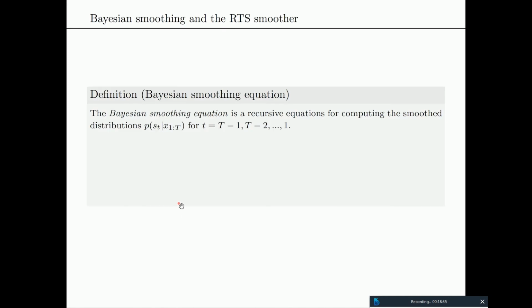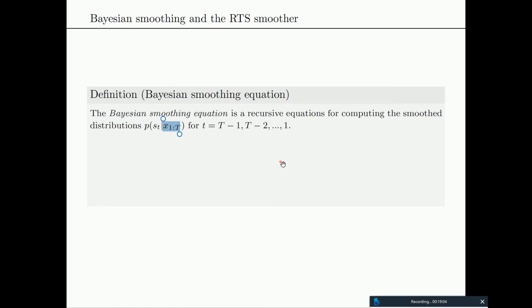The big difference again between filtering and smoothing is that in filtering you look at the state given observations up to the time point of the state, so s_t given x_1 to small t. In smoothing, you're interested in s_t given all observations over a time window that is usually longer than small t.